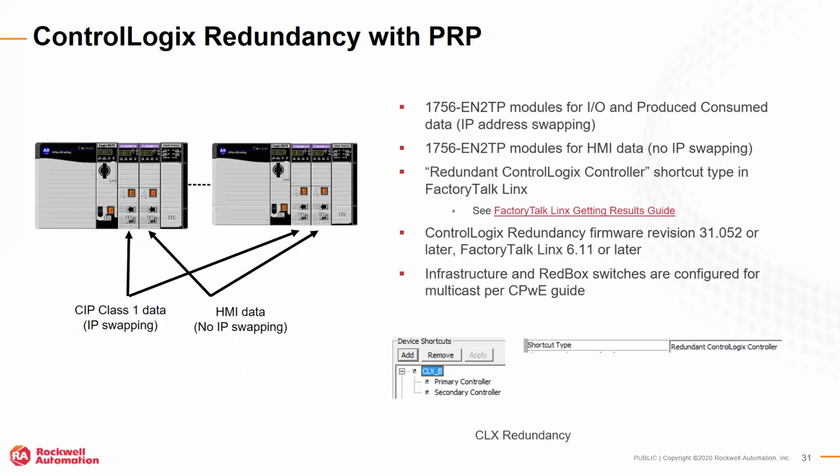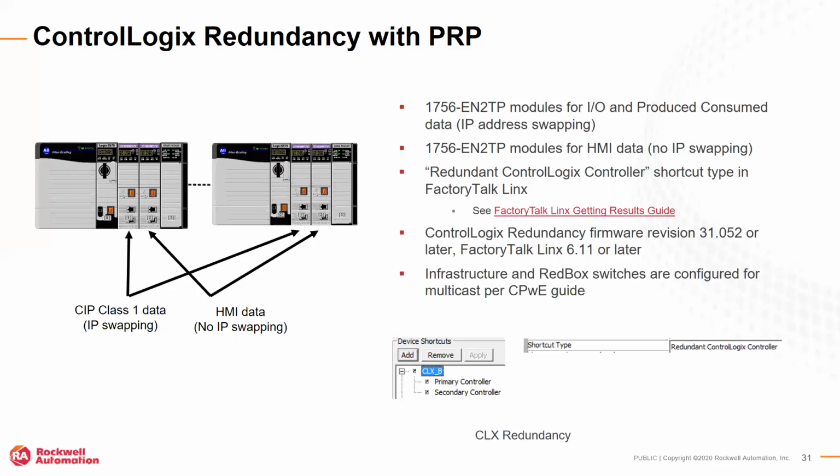Using those modules, not only do you support PRP, but there are also two different configurations you can run in: you can either enable or disable IP swapping. That's important because as you're segmenting your network between your IO and your HMI, those two networks have different needs.